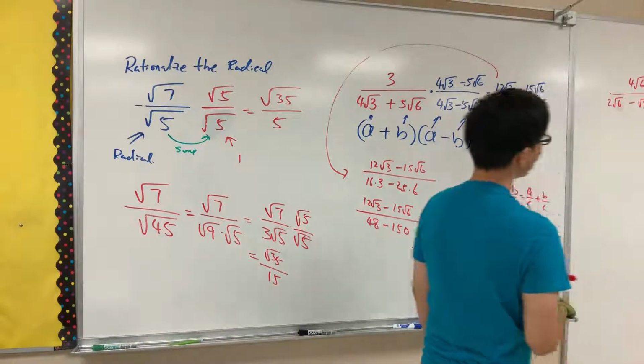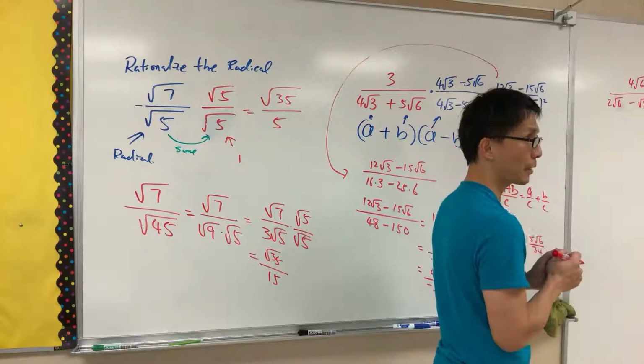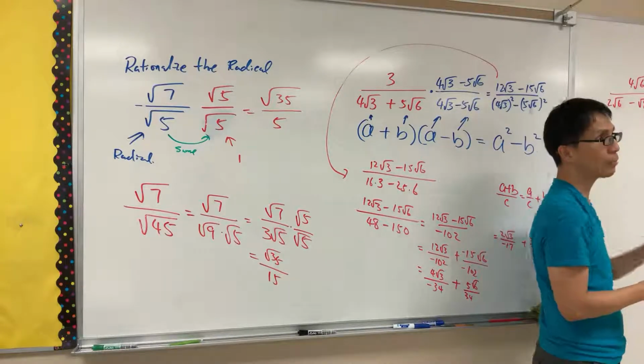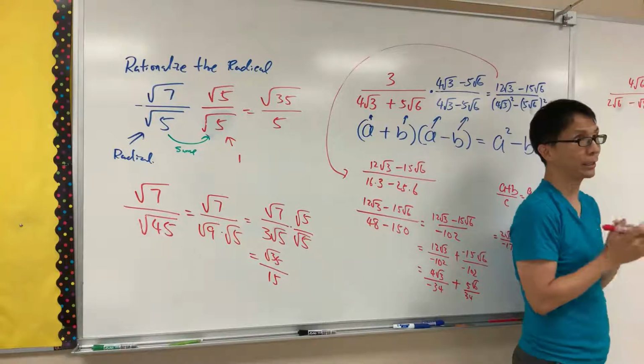So I want you to simplify these radicals. I want you to rationalize, which is, I don't like the denominator. I want to rationalize the denominator. You can also rationalize the numerator in this case.